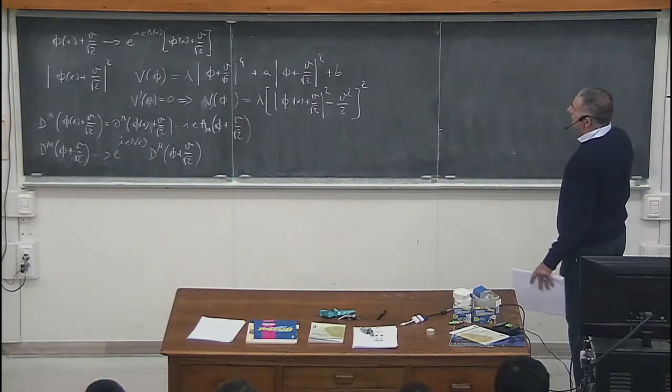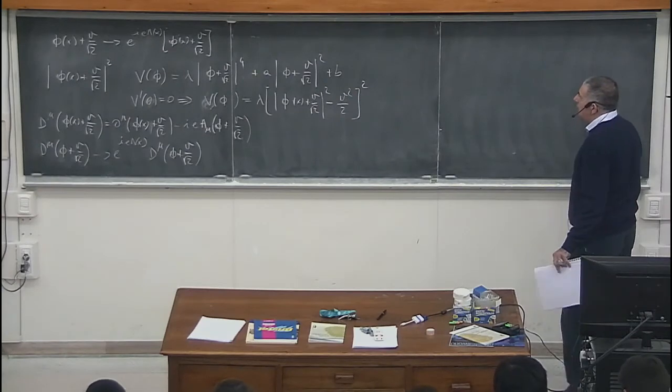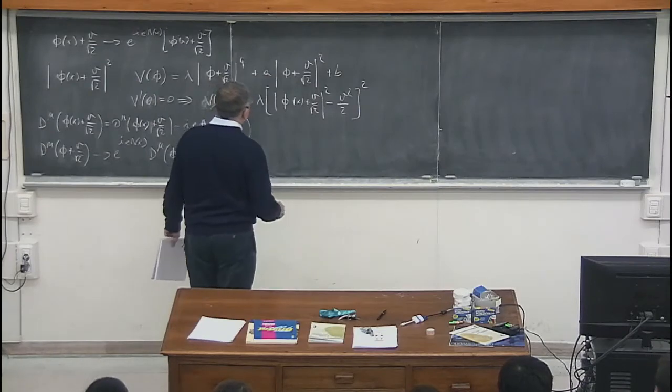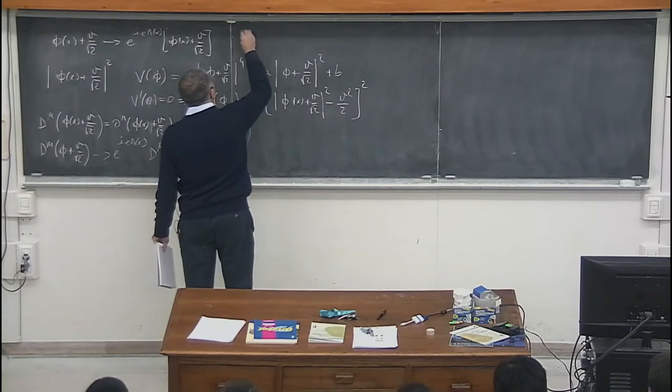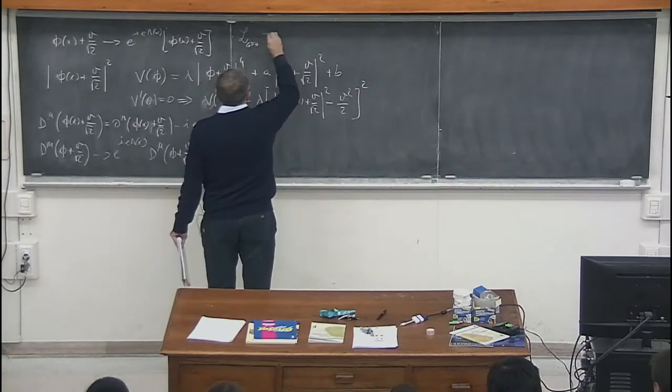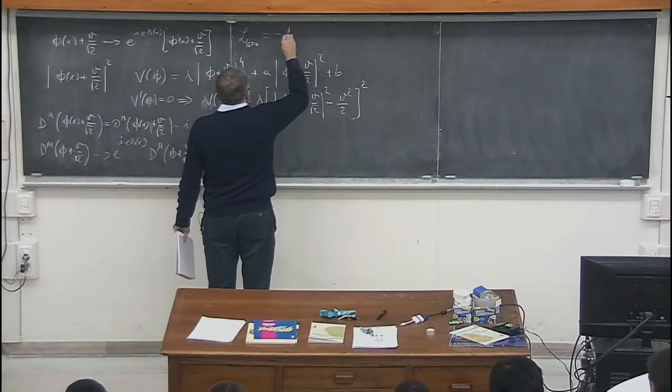Oh, gauge fixing. It is convenient to choose a slightly different gauge fixing term, which is called the 't Hooft gauge fixing. The 't Hooft gauge fixing is like this: minus 1/2.